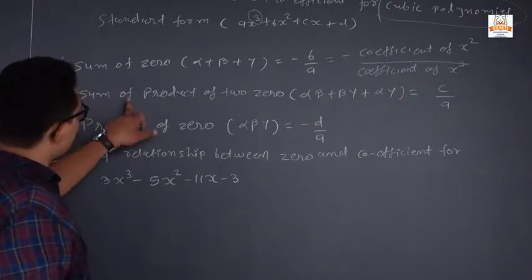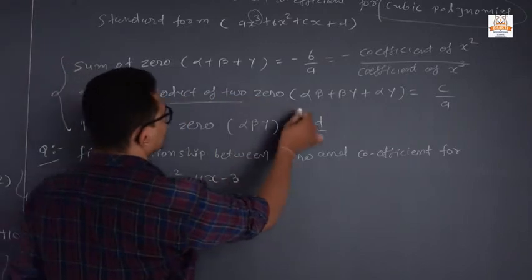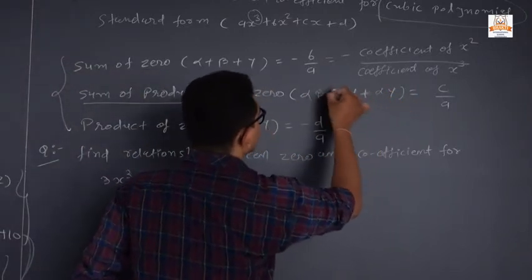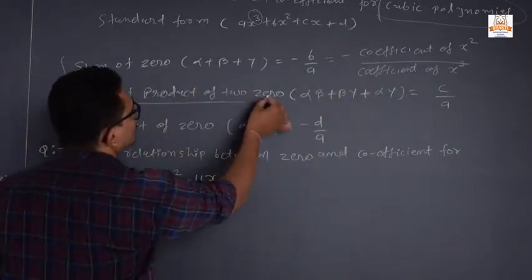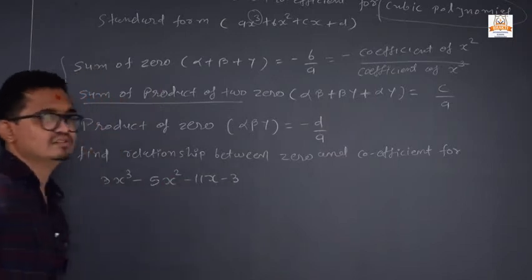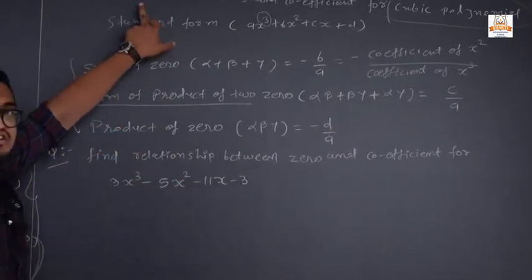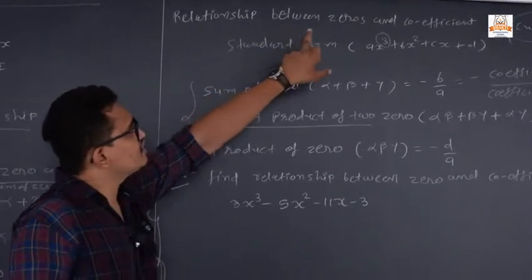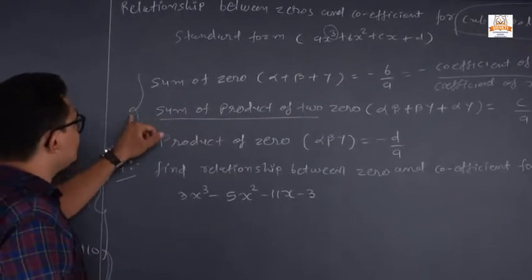Now the sum of the product of 2 zeros. What does that mean? See here. First of all we take the product, and then we use the plus sign. So it is known as the sum of the product of 2 zeros. So here we are using 2 zeros at a time. If they ask the relationship between zeros and coefficients for a cubic polynomial, at that time we use these 3 formulas.